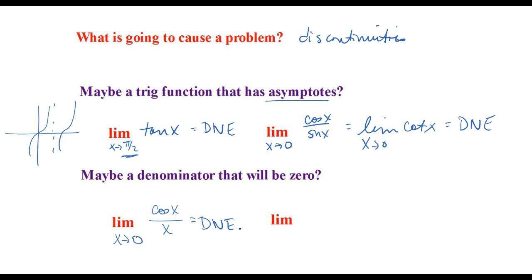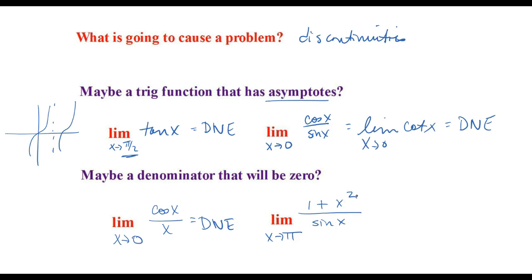So maybe one other example of something like that. Maybe it's like the limit of, I don't know, 1 plus x squared over the sine of x as x approaches pi, something like that. Okay, so here's another random problem. It's got trig mixed in with other stuff.